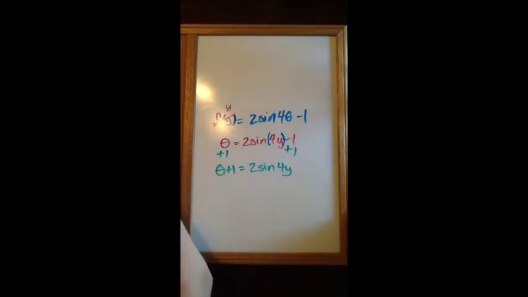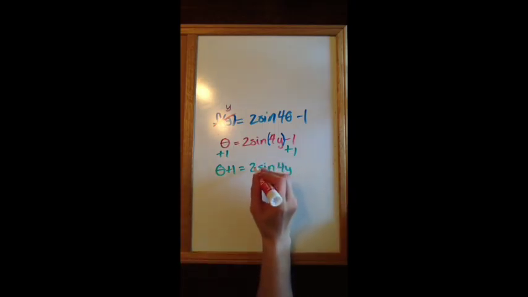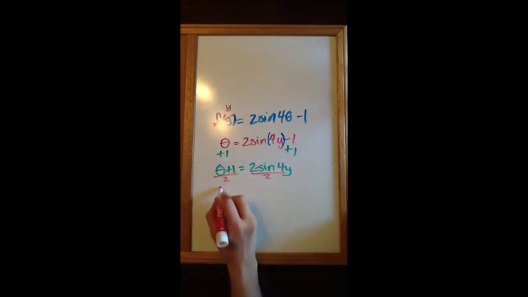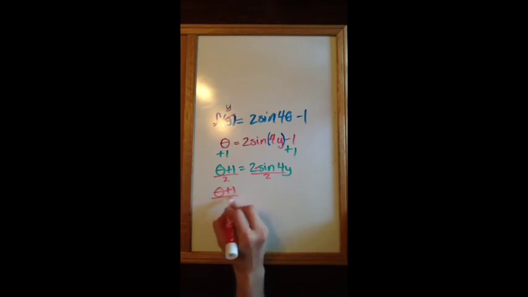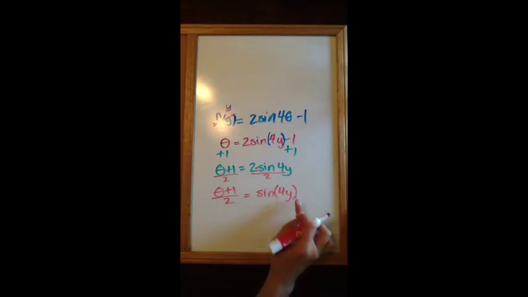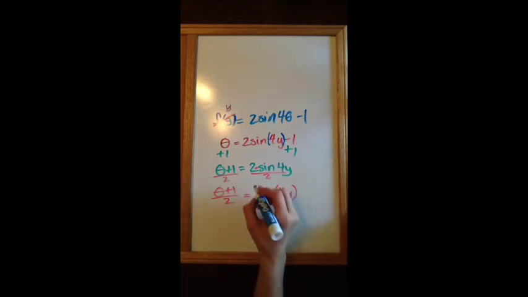I'm going to undo multiplying by 2 by dividing by 2. So now I have theta plus 1 over 2 equals the sine of 4y. And you can put your parentheses or not. Now, to undo sine, we take the inverse sine.